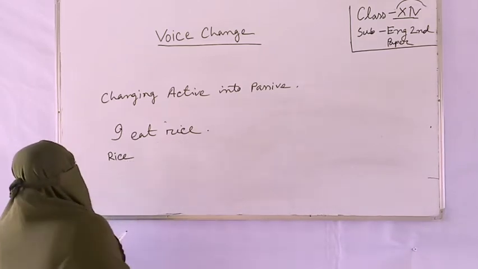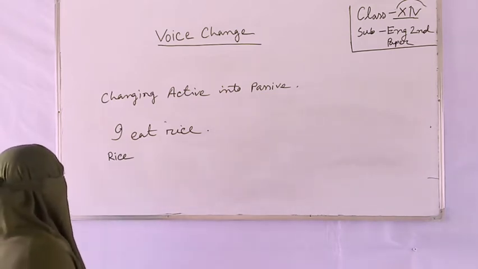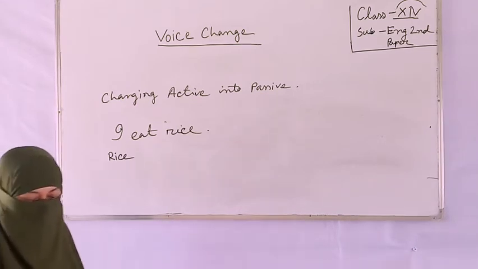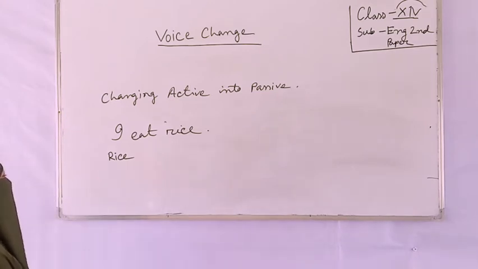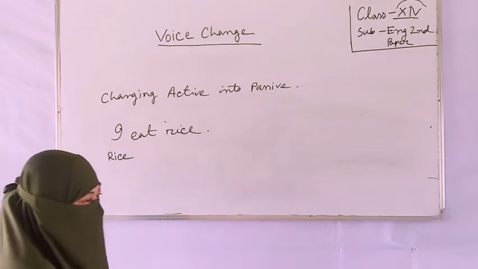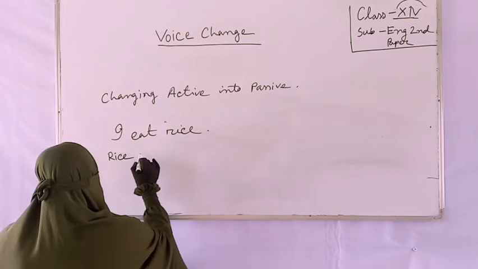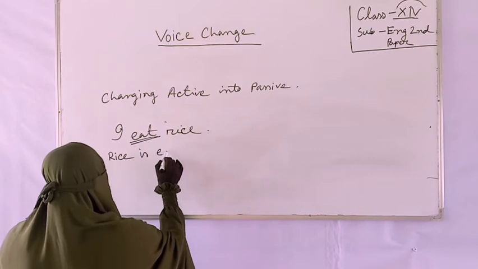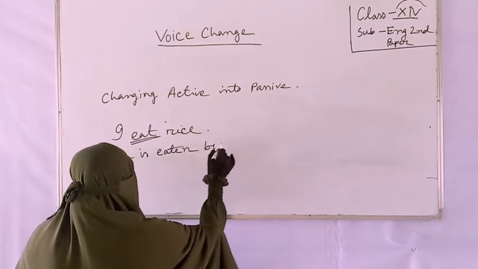So rice will be subject and the main verb will be changed into past participle and the right form of verb to be is placed before it. So we use is, and eat is the main verb, its past participle form is eaten. Eaten by me.